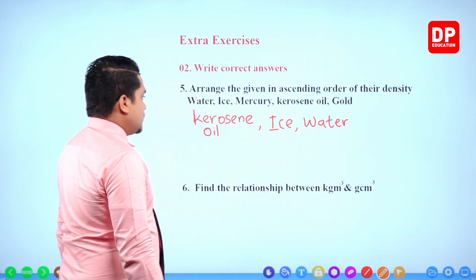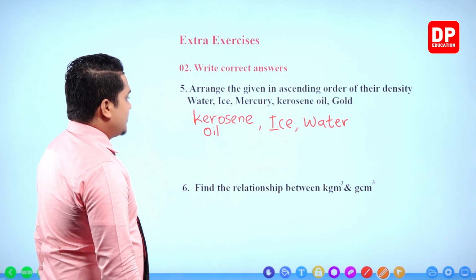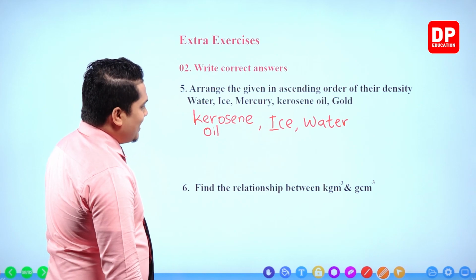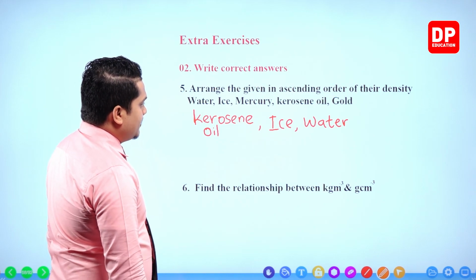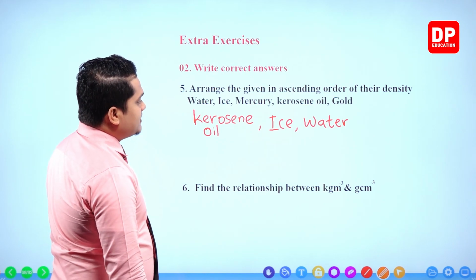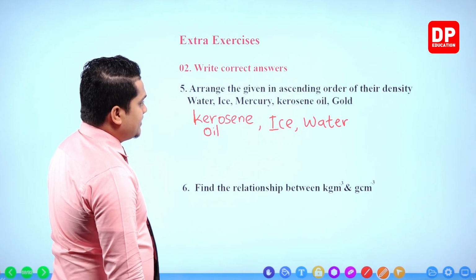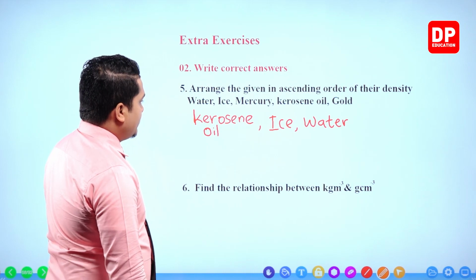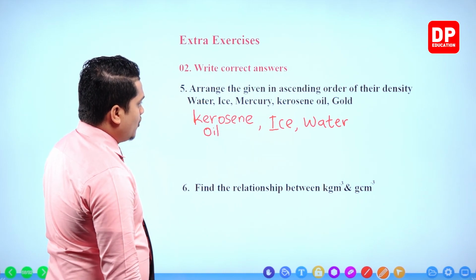So kerosene oil having the least density. Ice has even more density than that, and water has even more density than the ice. Then we have to select the last two, mercury and gold.